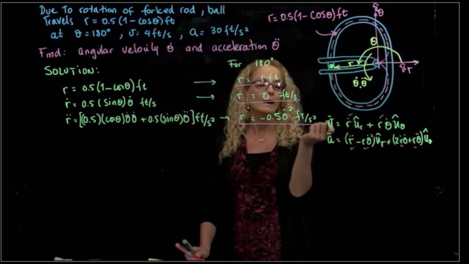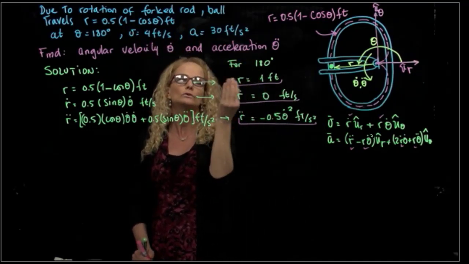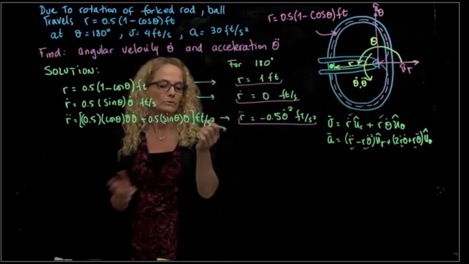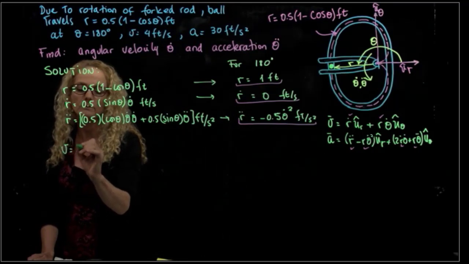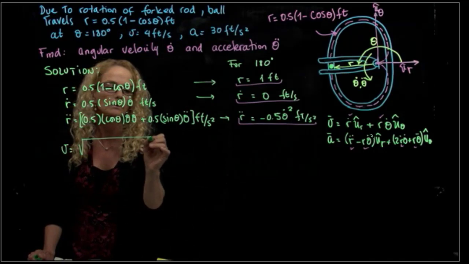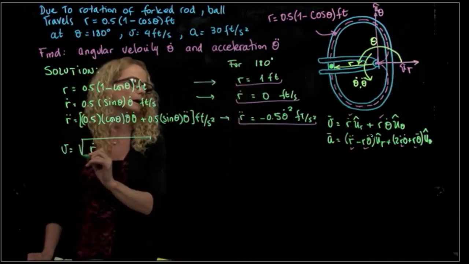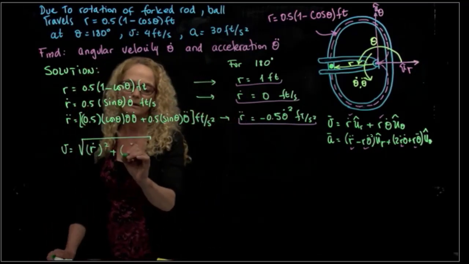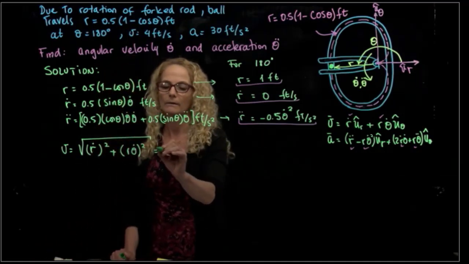But we do have the velocity and the acceleration, the magnitudes of those. So we recall that the magnitude of the velocity will be the square root of each of these components squared, so r dot squared plus (r theta dot) squared.